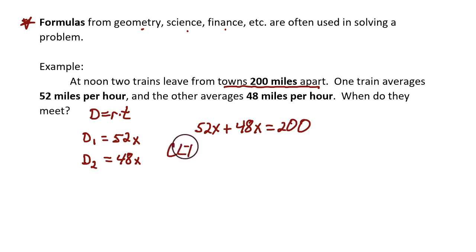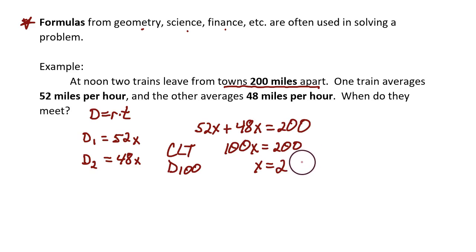Combine like terms. This makes 100x equals 200. And then divide by 100. X equals 2. The letter X was representing time, and in this problem that's in hours. In 2 hours, the trains will meet.